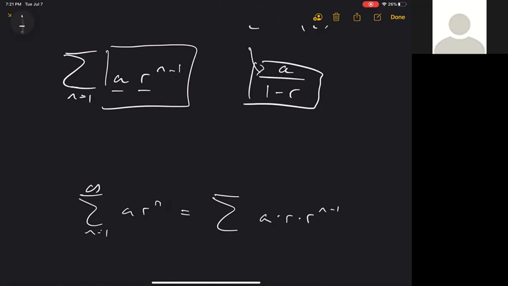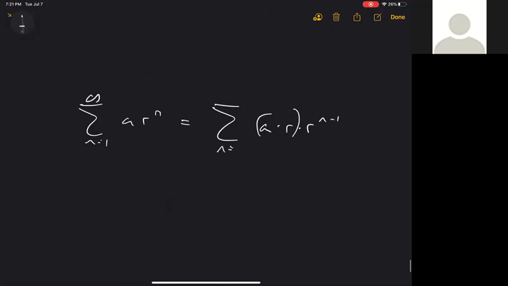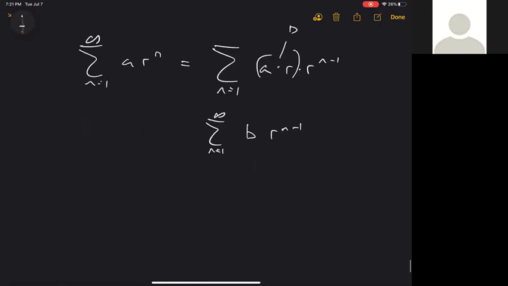R to the power n is the same thing as R times R to the power n minus 1. So now you have this geometric series. Just consider A times R as a new constant B. So basically what you have is a geometric series B times R to the power n minus 1. And now you can use your familiar formula: the sum of this series is B over 1 minus R, okay?